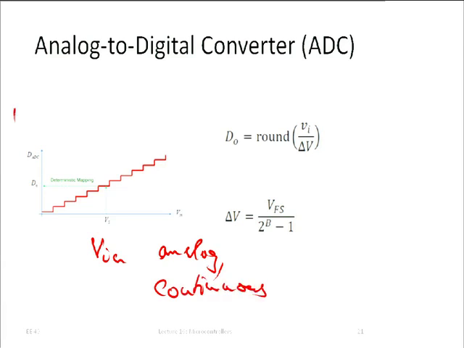And that number of bits is finite, right? Because no computer, not even the one with 4 gigabits of RAM, could represent an infinite number of different values. So the A to D converter has to map a continuous voltage that can assume an infinite number of different values to just a finite number of digital codes.